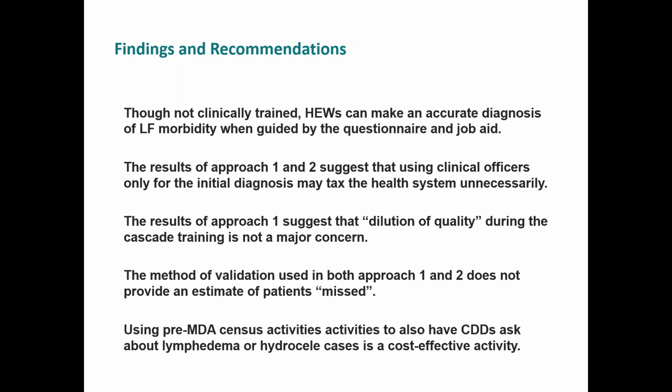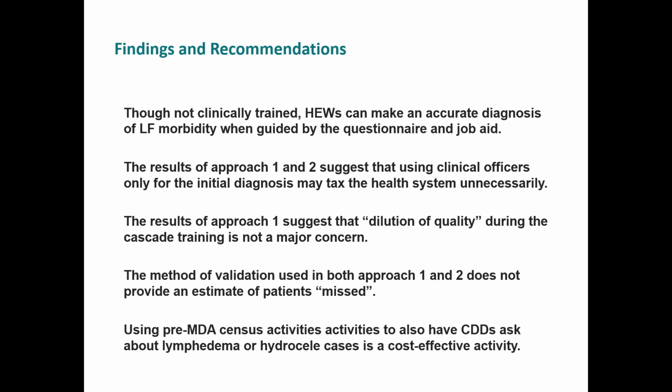The other finding is that the result of approach one suggests that the dilution of quality during the cascade training is not a major concern. As a limitation, the method of validation used in both approach 1 and 2 does not provide an estimate of the patients missed. During the validation process, we identified that there were missed cases, but these two approaches don't provide an estimate of these missed patients.